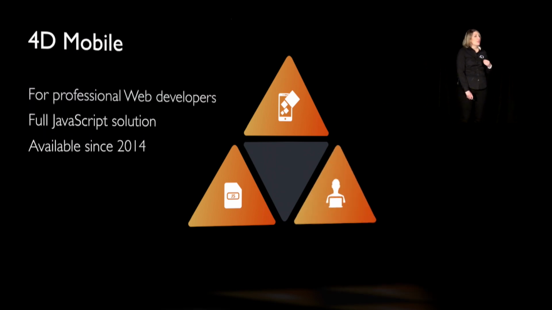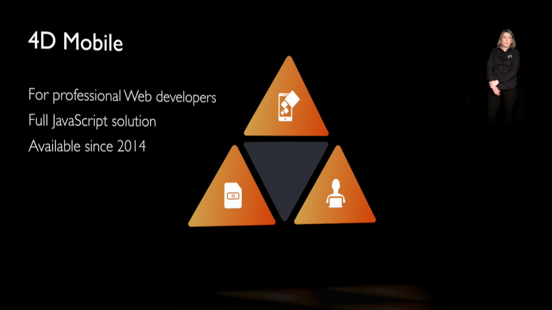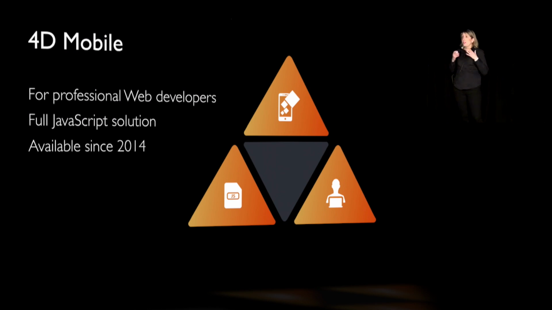So this solution is mostly intended for professional web developers. While we provide professional services for developers just needing a little hand, we've also received requests for something simple to use, a solution that would not require specific expertise, a solution integrated in 4D.